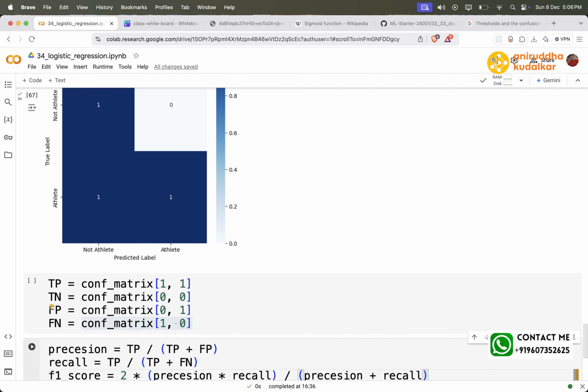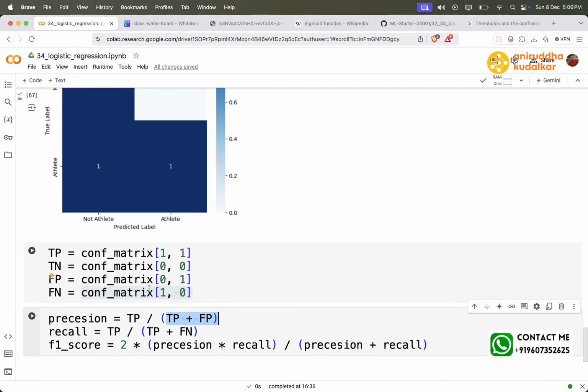It equals TP upon TP plus FP: true positives upon true positives plus false positives. Precision is the proportion of the positive predictions that are actually correct. This is the standard formula from the confusion matrix.